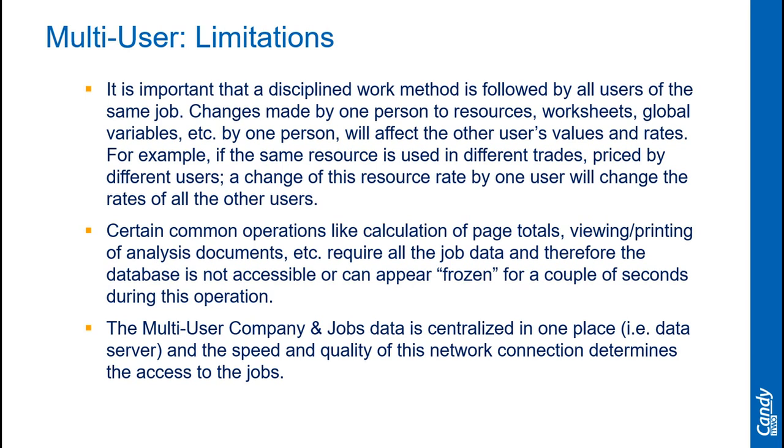That's the reason that we recommend that your CCS shared data, this multi-user data, sits on your fastest server. So it's not CANDY that's slowing it down, it's probably your network that's slowing it down. So just be aware.